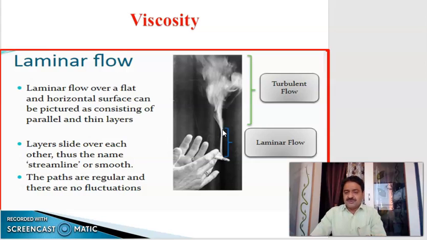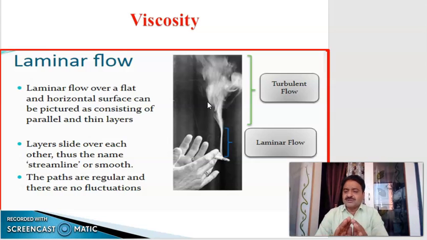I mean, beyond critical velocity, turbulent flow starts. So from this to this, what happens? There is a flow of smoke and this flow of smoke is said to be what? Turbulent flow. Got it? Why do we say this flow is a turbulent flow? Because layers slide over each other. They mix with each other.